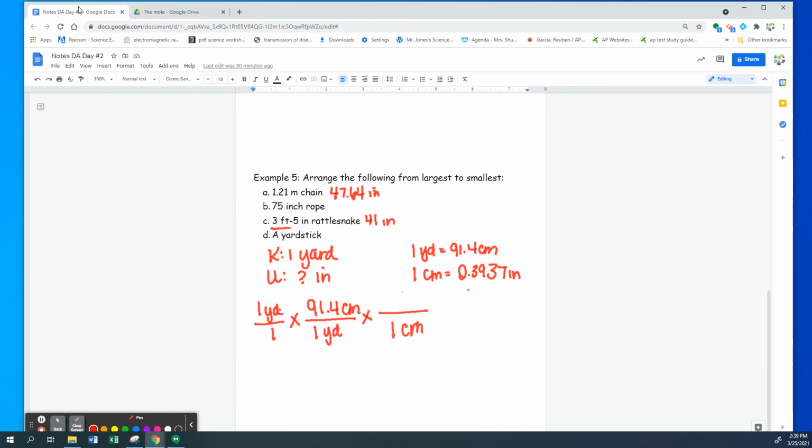On the top, I'm going to write my inches, 0.3937 inches. Go ahead and multiply those out. So 1 times 91.4 times 0.3937. I got 35.98 inches.